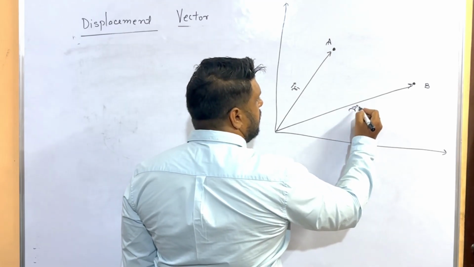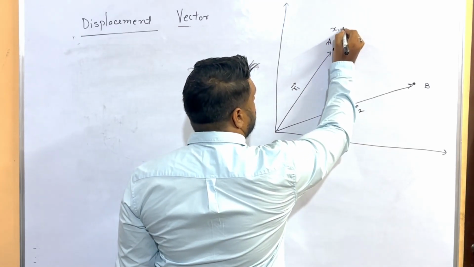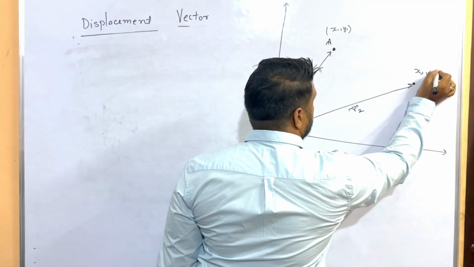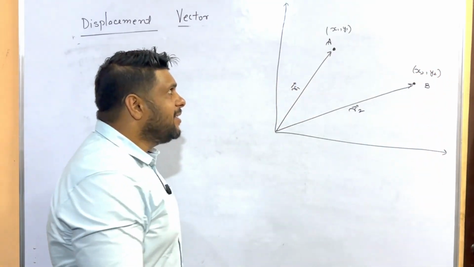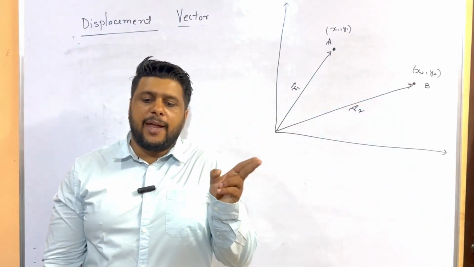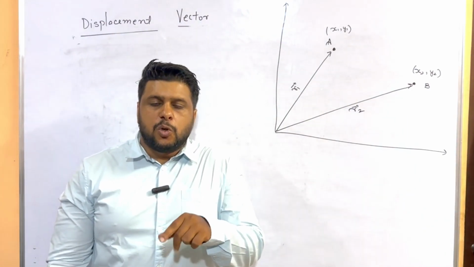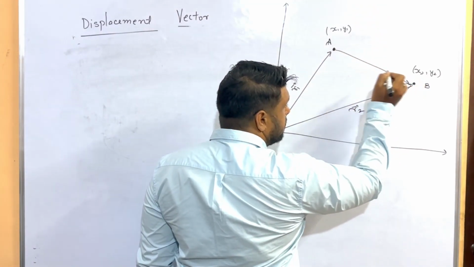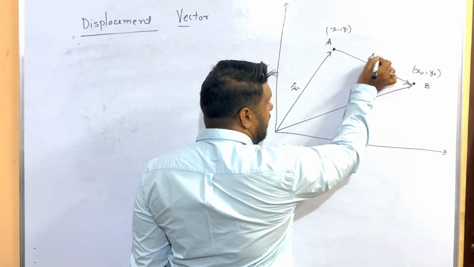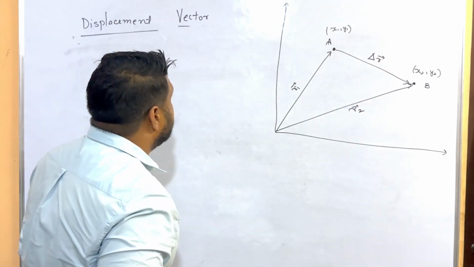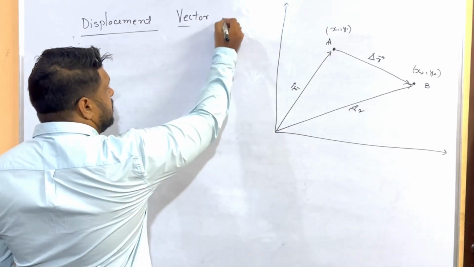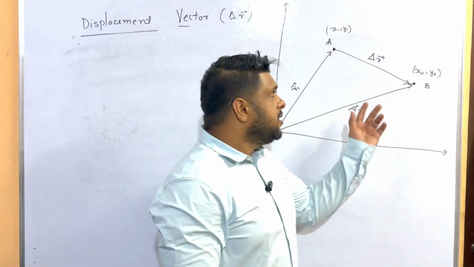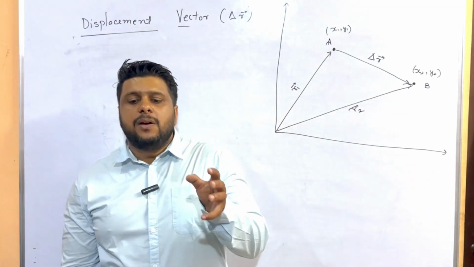It has coordinates x1 y1, and this one has coordinates x2 y2. Let's say the particle has moved from A to B. It has come like this. So this is written as del R. This is your displacement vector. We have already studied this in detail in vectors.